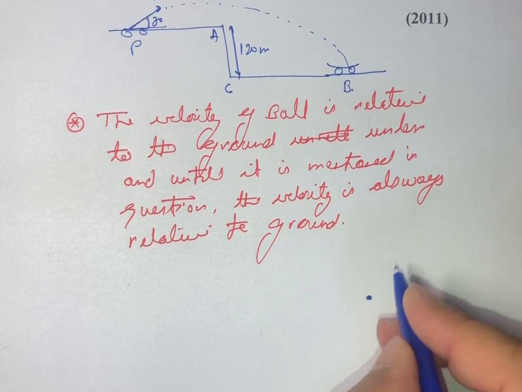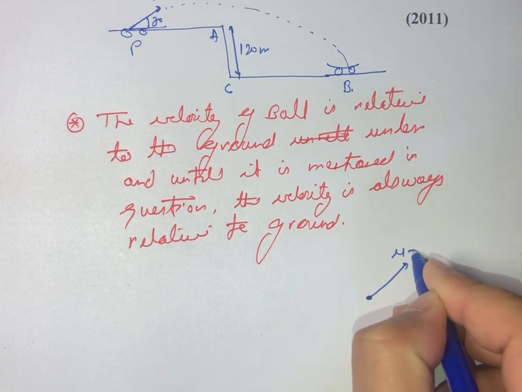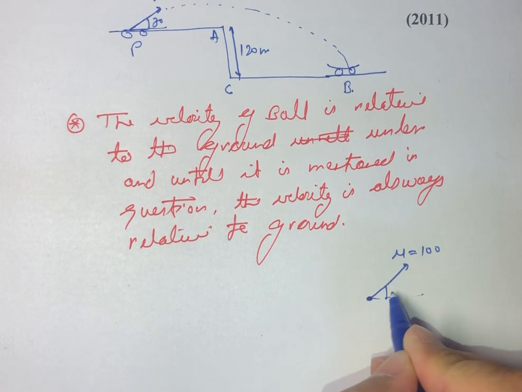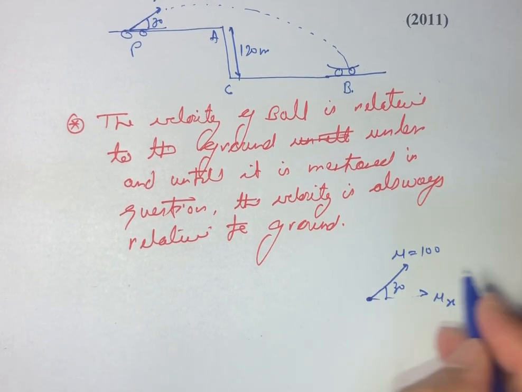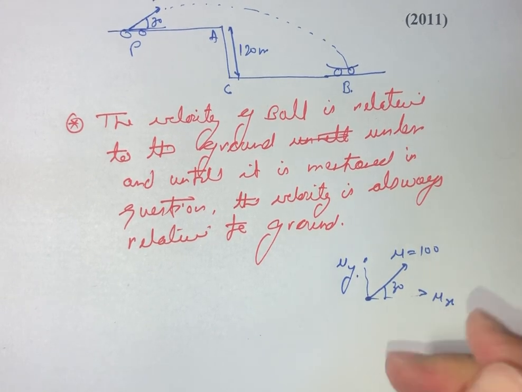So this is our cannonball. It is being fired with initial velocity of u, which is given 100. So this is angle of 30°. So you can divide into two components. This will be ux, that is horizontal, and this will be our uy, that will be our vertical component.